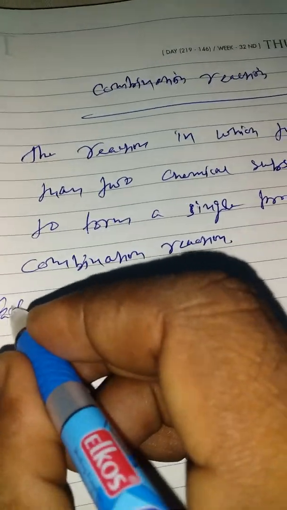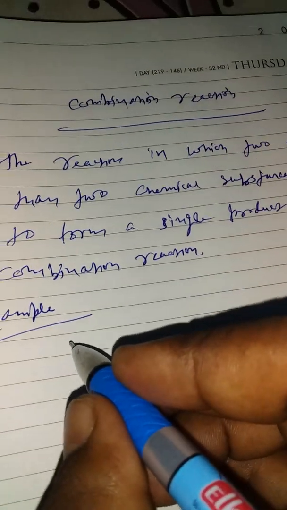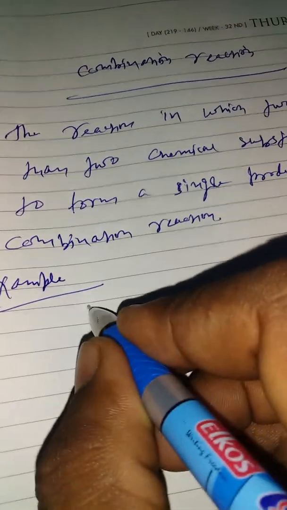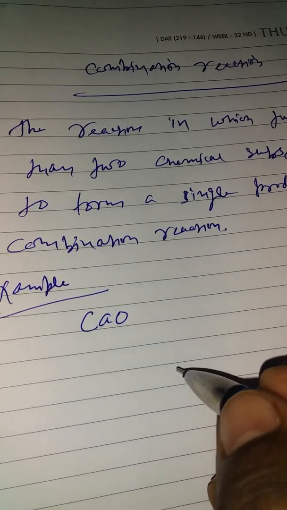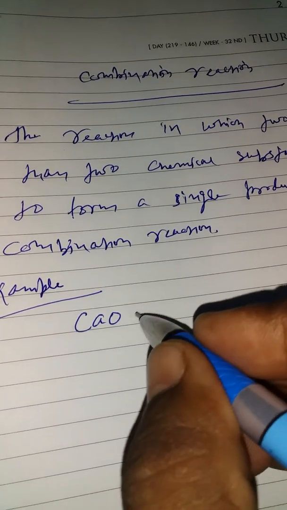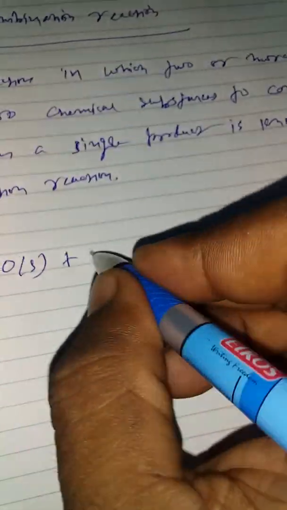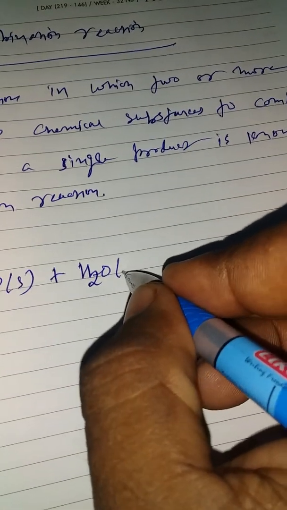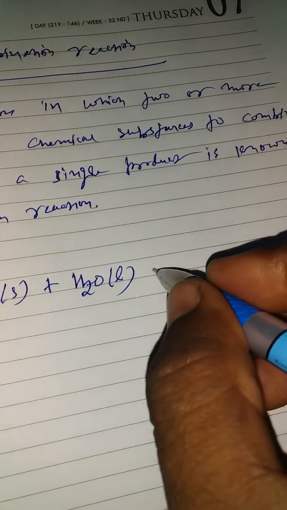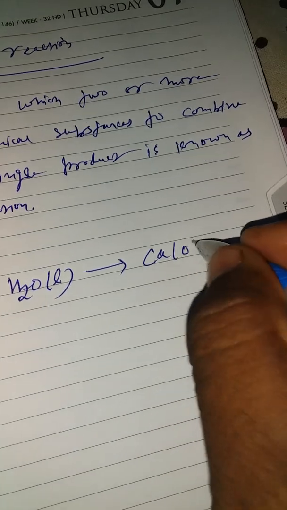As for example, quicklime, calcium oxide, is also known as quicklime. It exists in solid form. When dissolved in water, it forms calcium hydroxide.